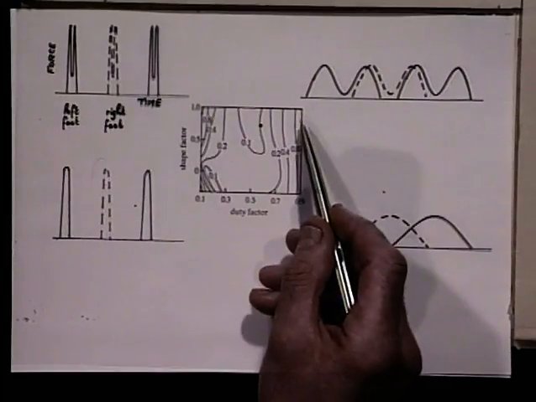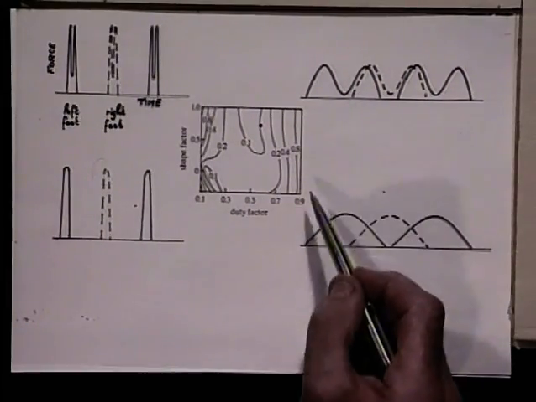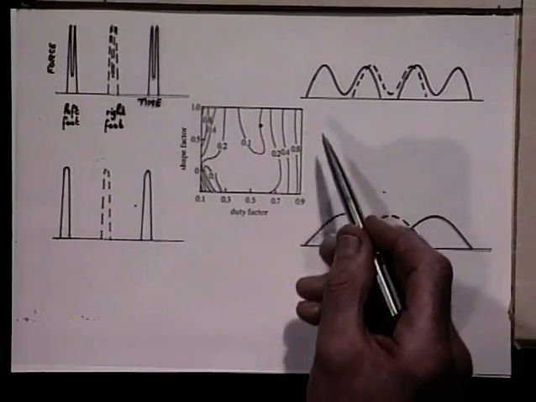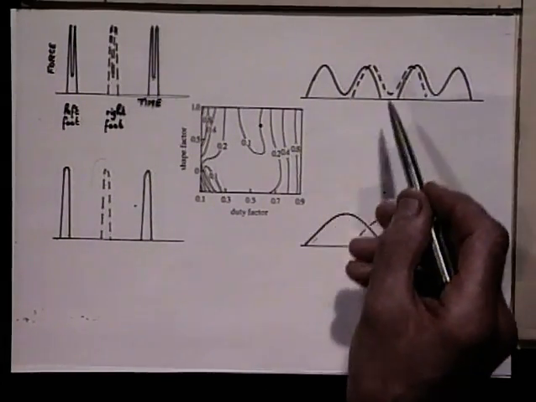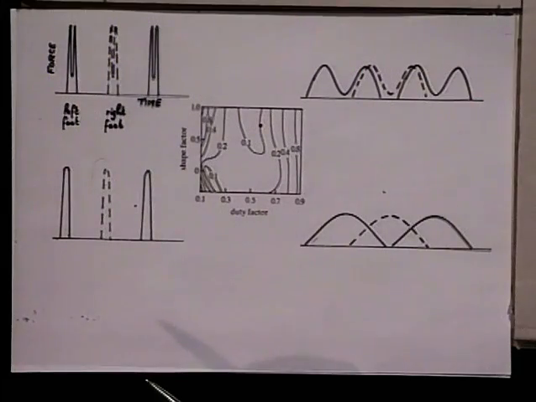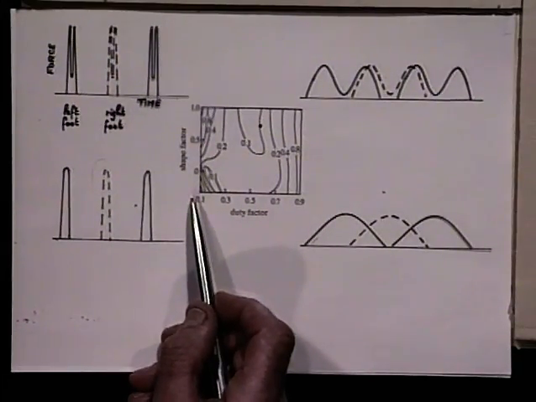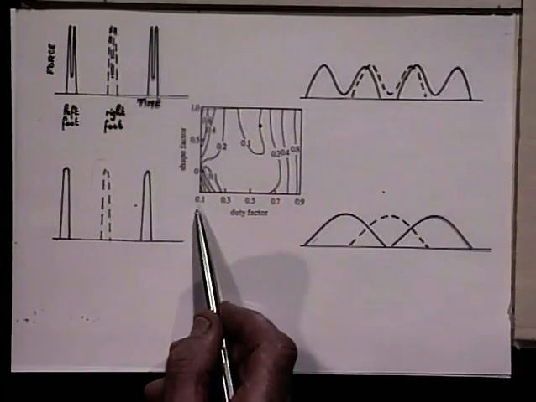Go up to the top right corner. We've still got a big duty factor, but we've now got a high shape factor, so we've got the two-humped pattern of force. Over on the left-hand side of the graph, we've got a low duty factor.